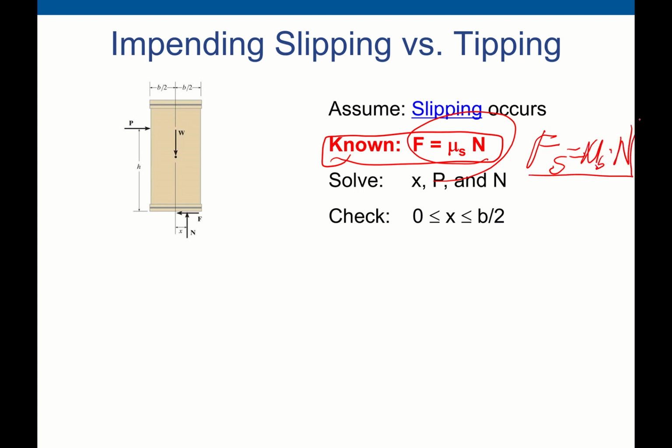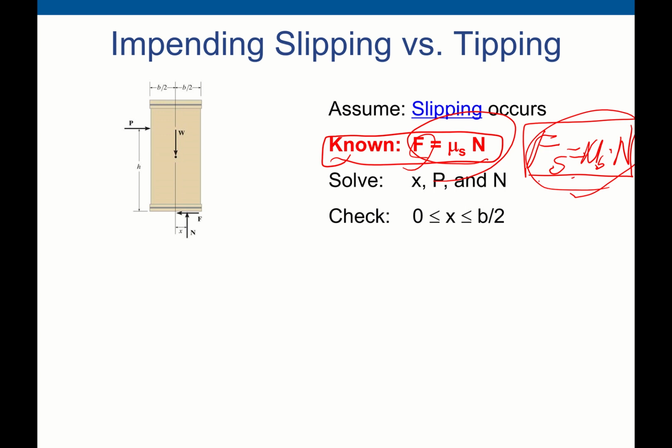If you can't understand this equation, please go back to the previous lecture video. There is an explanation. So we know that the frictional force is already at its maximum. It's impending motion, impending slip.